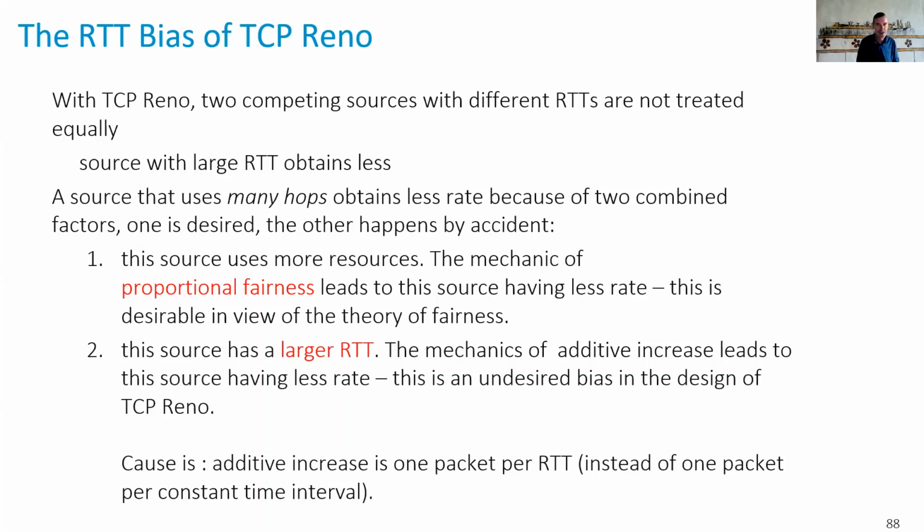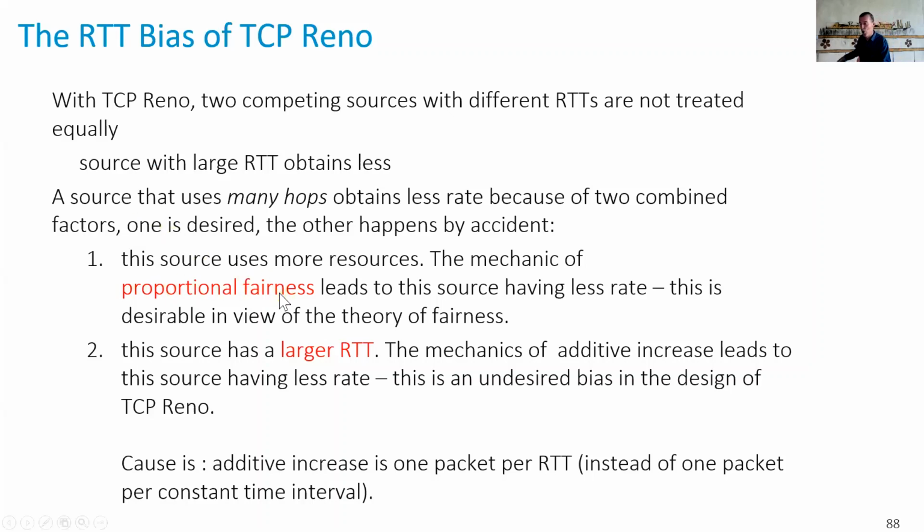So in that sense, this bias against large RTT can be confused with a proportional fairness mechanism, which will occur with TCP because we see that TCP uses a utility function that's close to the logarithm, so it's close to proportional fairness. However, it's a desirable bias in a sense, and it's simply the theory of proportional fairness.